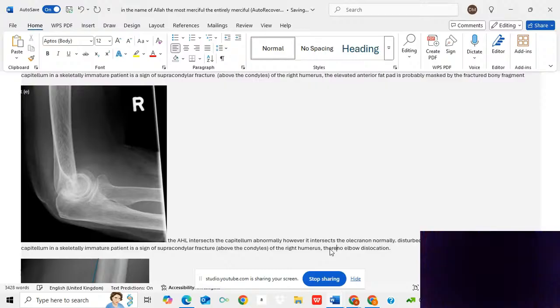So there is a supracondylar fracture, yet no elbow dislocation.